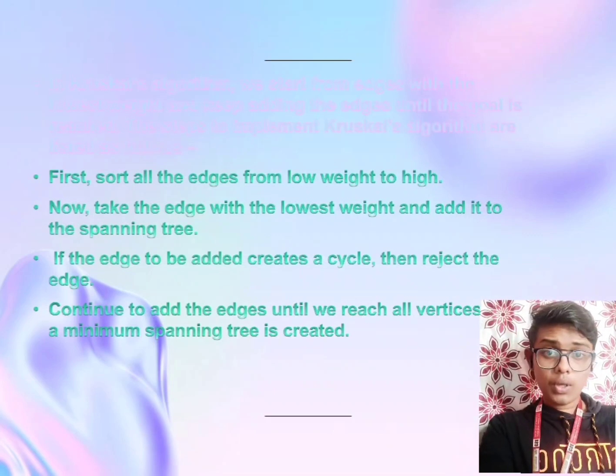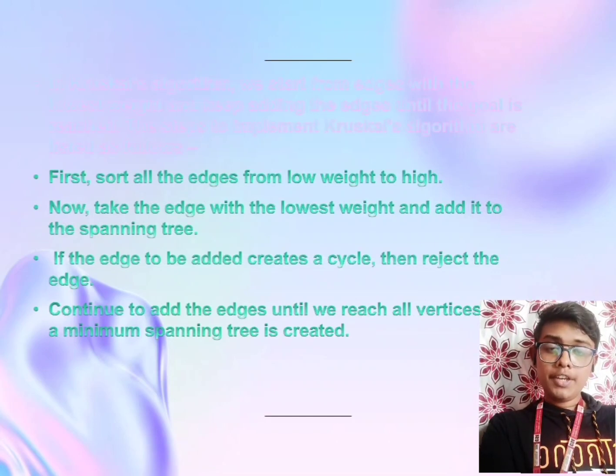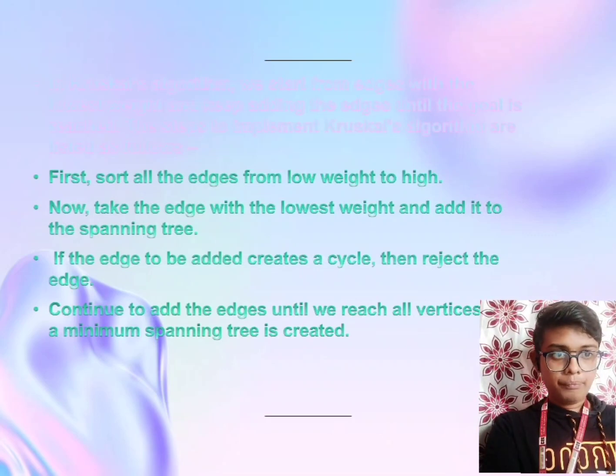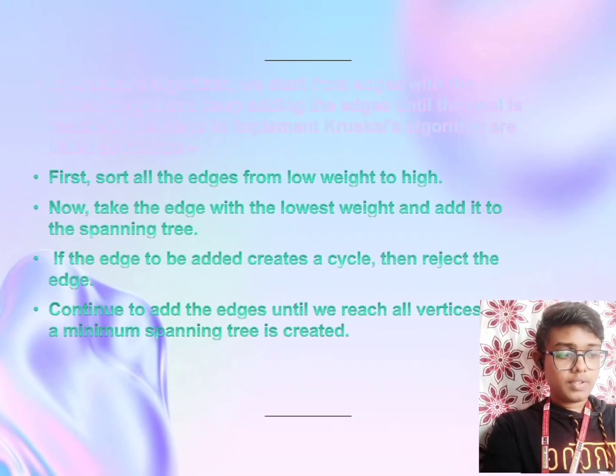First, sort all the edges from lowest weight to highest weight. Now take the edge with the lowest weight and add it to the spanning tree. If the edge forms a cycle, then we have to discard it. Next, we continue adding edges until we reach all vertices, and thus we produce a minimum spanning tree.